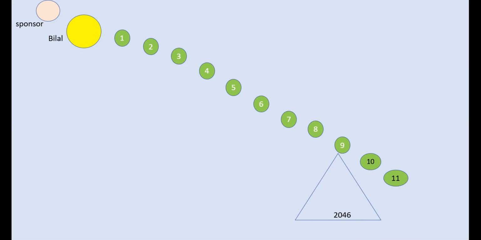2,446 members. My question, with my very simple understanding, is: if somebody A in the 9 team purchases 10 BV, then 5%, 0.5 BV, will be shared for that 10 BV among 9, 8, 7, 6, 5, 4, 3, 2, 1 up to Bilal.